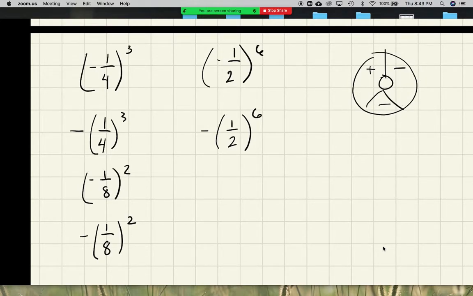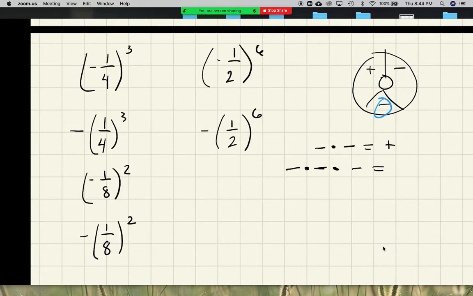And the way you can write it out is: negative times negative equals a positive. Negative times negative times negative, what does that equal? Negative times a negative is a positive.